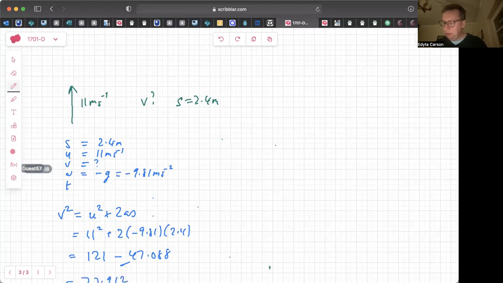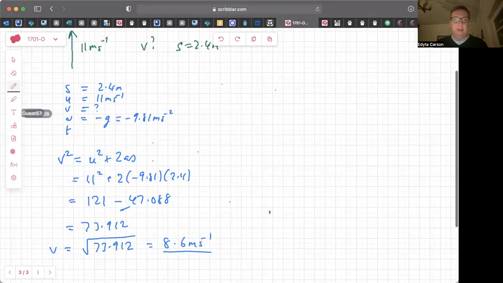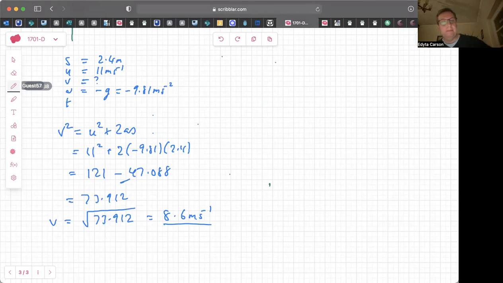And we'll square root that to find the velocity. So the answer is going to be 8 and a bit. So square root that, we get 8.59 meters per second. So I'll call it 8.6 meters per second. Oh, you can't see it. There you go. That's it.